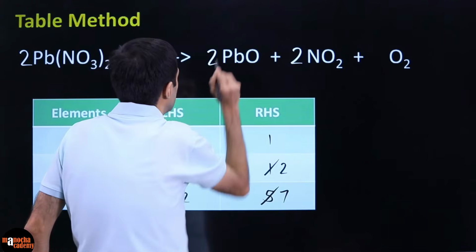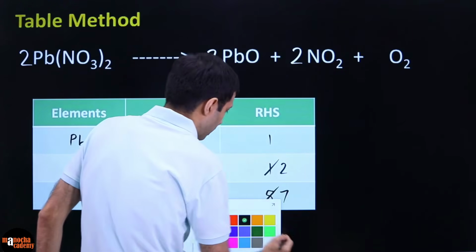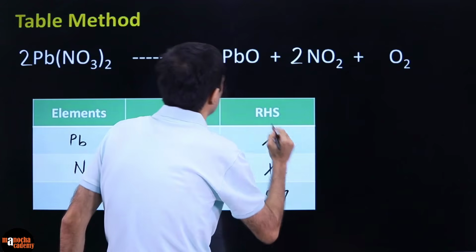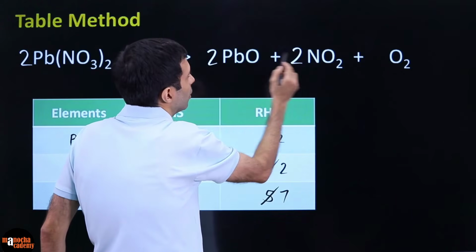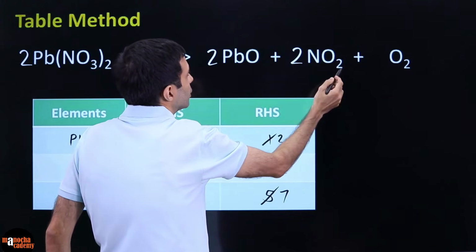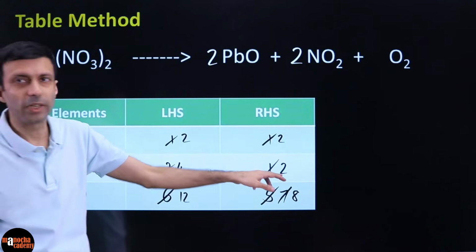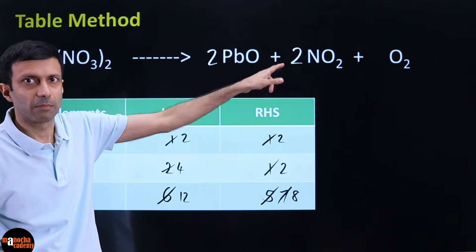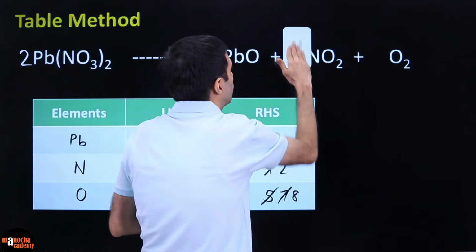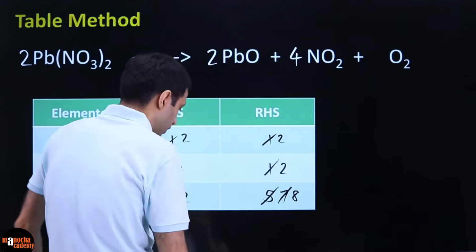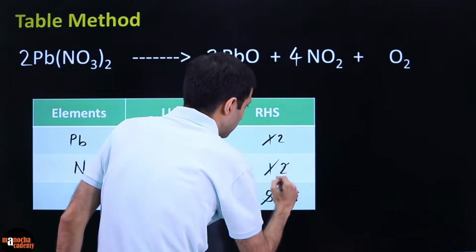So 2 times lead here, that should take care of 2 lead, and oxygen is now 2 plus 4, which is 6, 7, 8. Nitrogen 4 here, only 2 there. So let's multiply this nitrogen by 4 now to balance nitrogen. So nitrogen has got balanced.